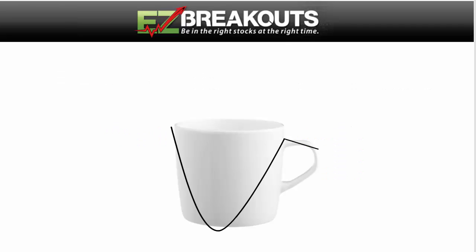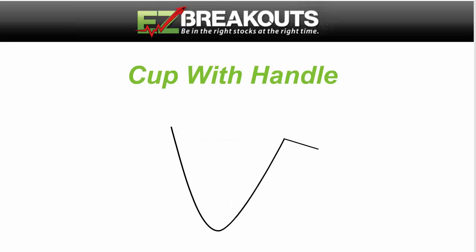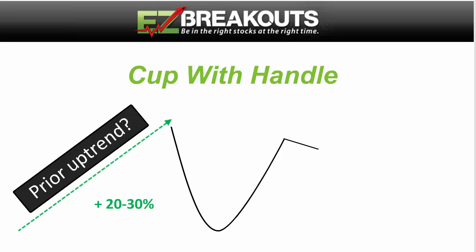So like I was mentioning, it's got its name here because it kind of looks like the silhouette of a cup, like a mug with a handle, right? That's what it looks like. So if you take away that background graphic, let's focus in on some of the characteristics that we would normally like to see in a chart pattern of this type. The first one is we need to have a prior uptrend.